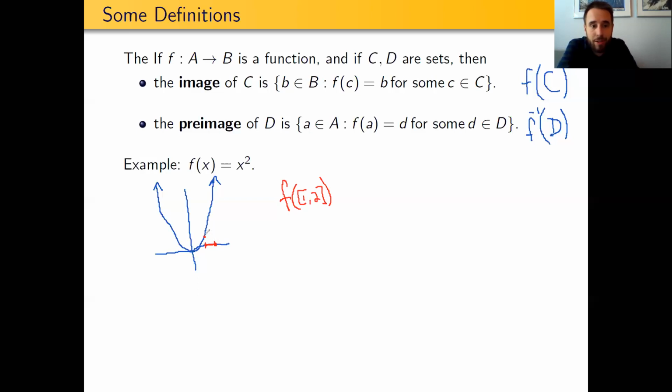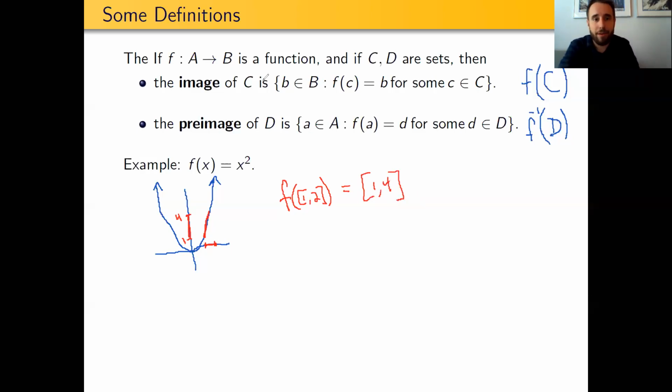Between 1 and 2, I'm hitting all of these points on the function, coming from the codomain points from up here at 4 down to here at 1. And so the image of the set 1 to 2 is this entire range of numbers in the codomain, and so that is the set 1 to 4.